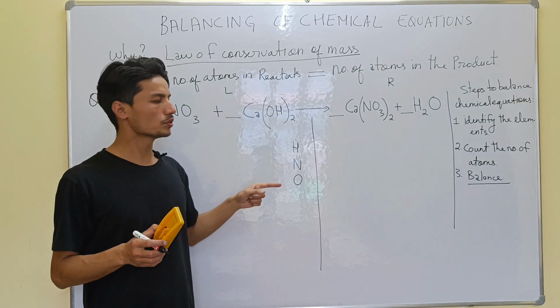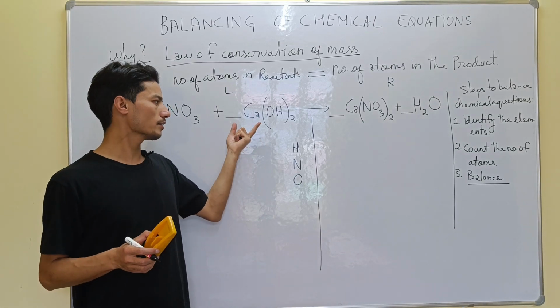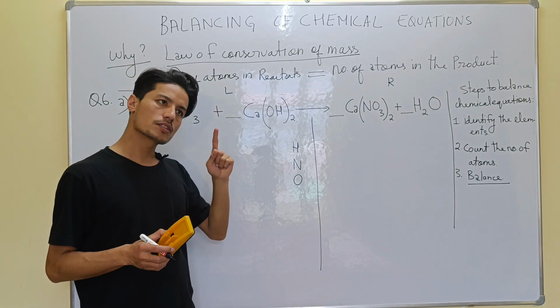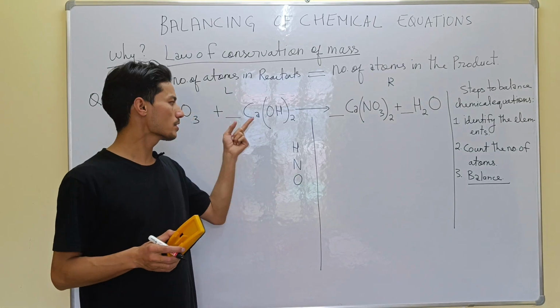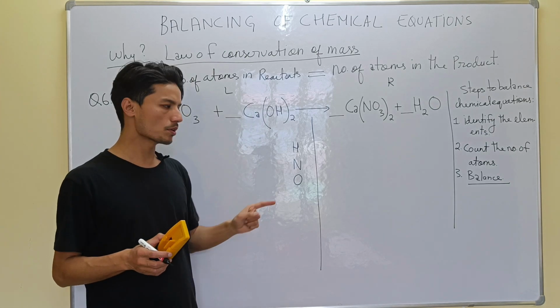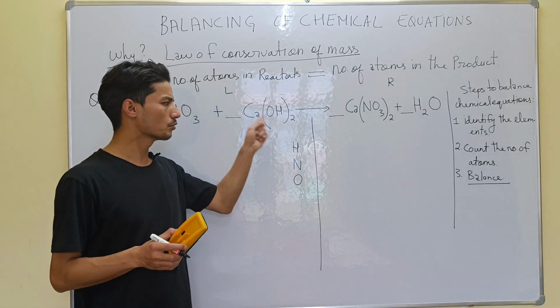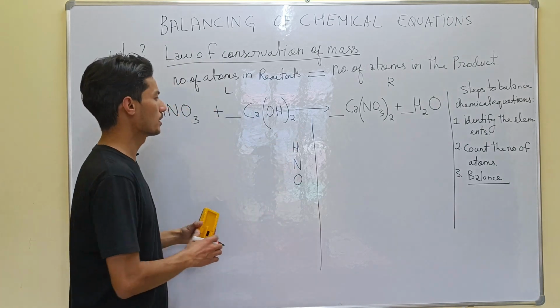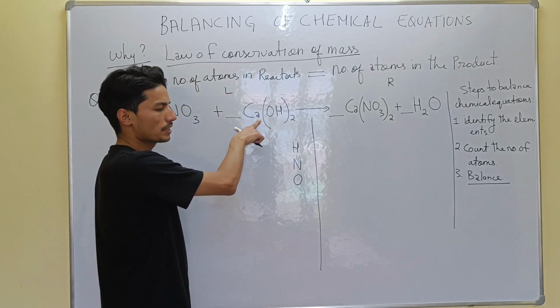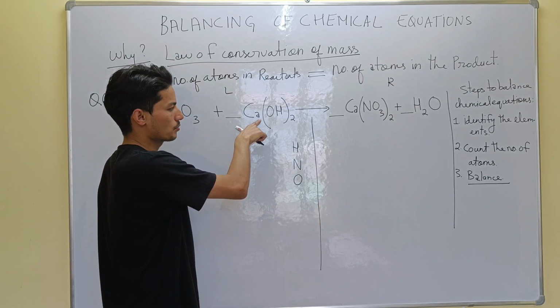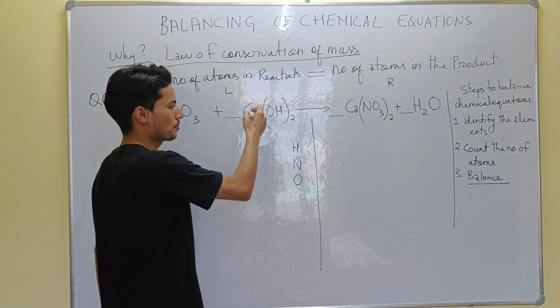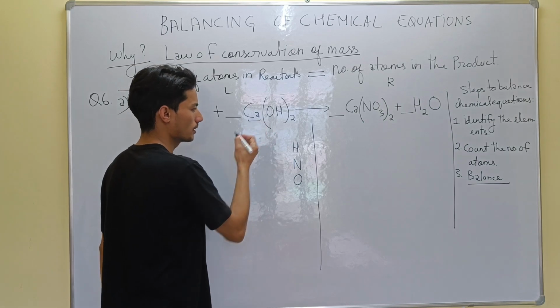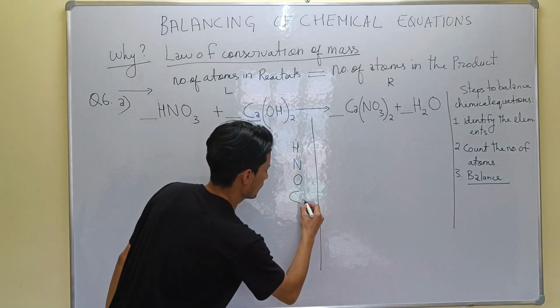So if you really want to learn, my suggestion is to study the names as well as the symbols of the first 40 elements, because all the questions in your textbook will be within those elements only. Don't make the mistake of separating these two. They are together. This is calcium, so you have to write here calcium.